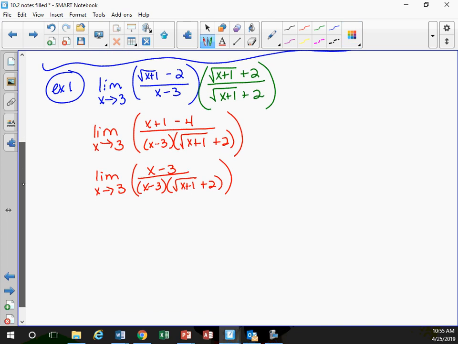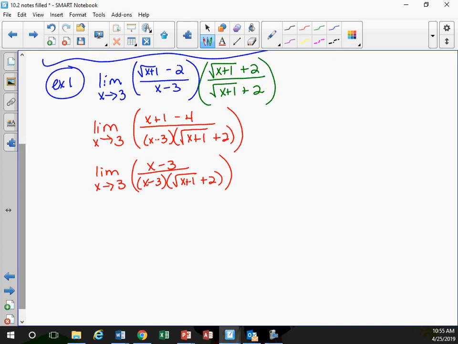So what can I do? Yeah, get rid of those x minus 3's, right? So I am left with 1 over square root of x plus 1 plus 2.